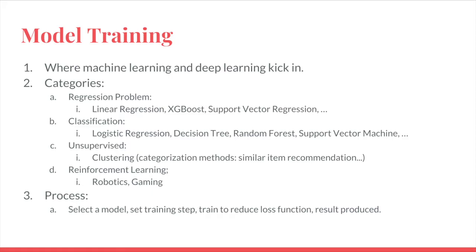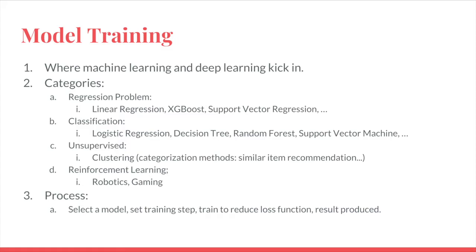Basically, we're doing clustering, or to put it into plain English, categorization methods such as similar item recommendation. And the fourth category is reinforcement learning, such as robot movement and gaming design.